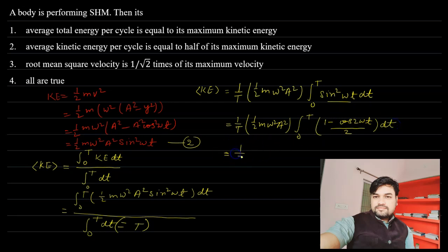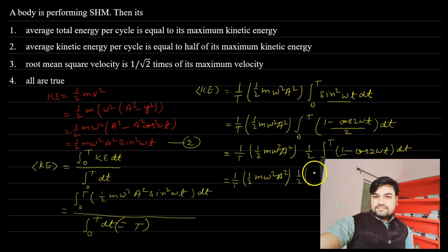Again we can write 1 by T, half of m omega square a square, 1 by 2 can be taken outside, integral 0 to T of 1 minus cos 2 omega t dt.